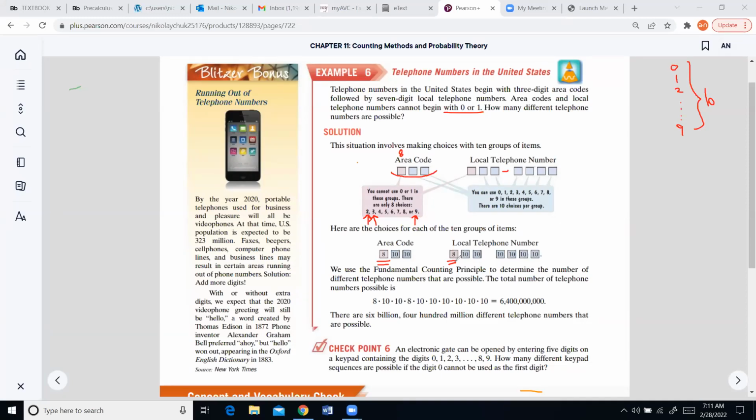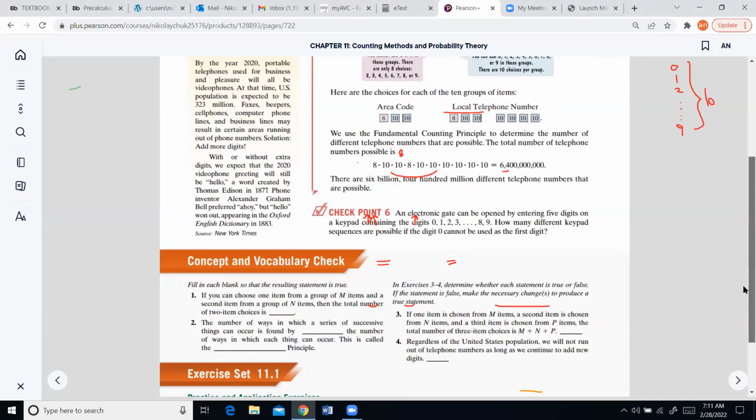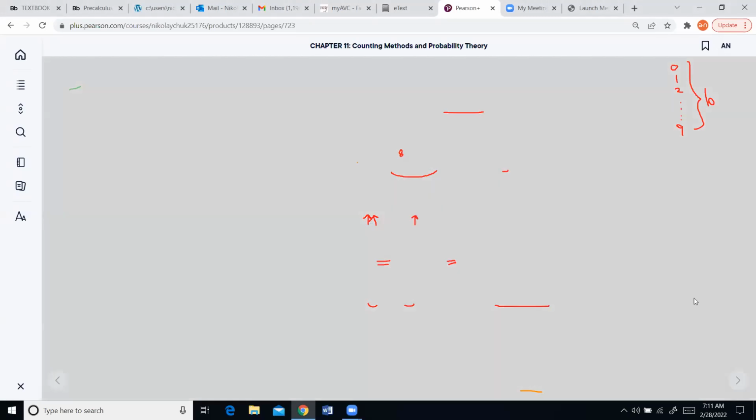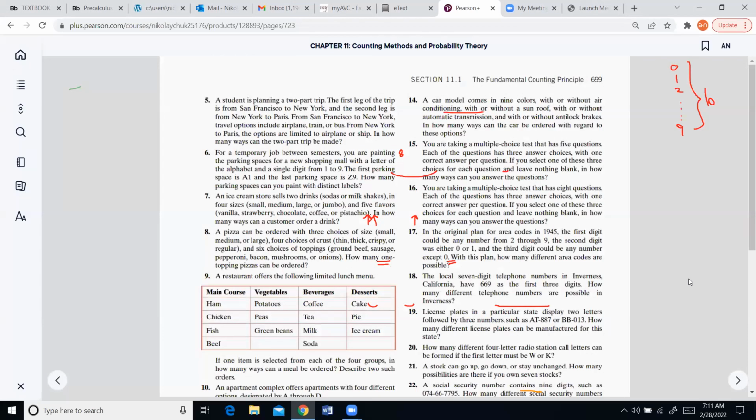So if you have those 2 restrictions and no other restrictions at all, then you have 8 for the first digit and 8 for the digit number 4 here, and then 10 choices could be utilized for the rest. And you see how many different phone numbers they can produce. That's a lot of phone numbers, right? Over 6 billion. And again, we use this so-called multiplication rule. In other words, we just take numbers and we multiply.